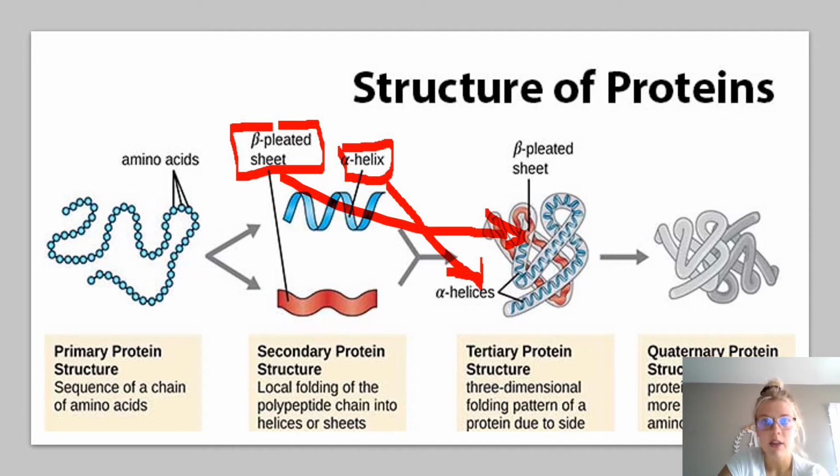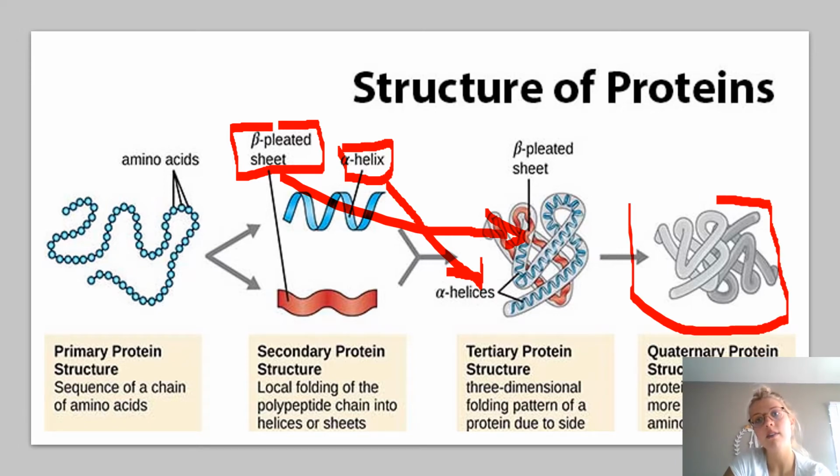Lastly, we have the quaternary structure, which is the combination of multiple portions of proteins, which all together give the protein its structure here. And because they are folded together, this gives a more balanced structure here.